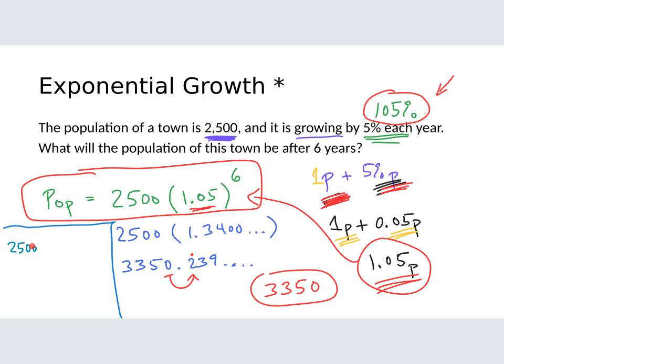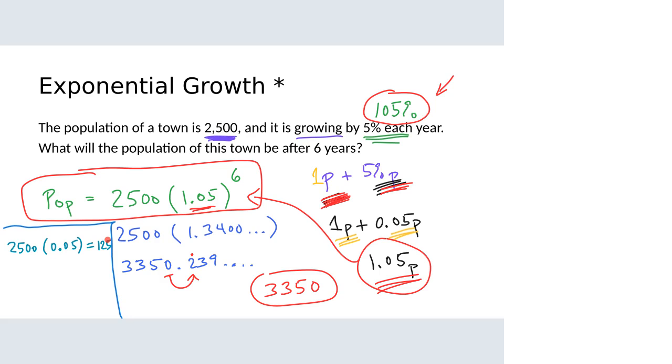If I find 5% of that, then that would be 125 people. And then that's going to happen 6 times. That would be true if the population stayed 2,500 the whole time. The thing is, it doesn't.